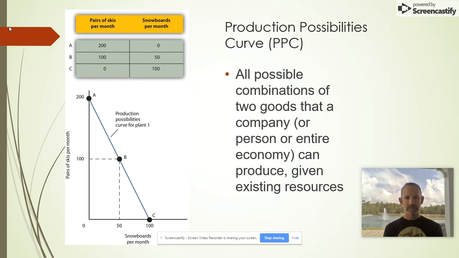At point C, they're taking all of their factors of production and making snowboards, 100 snowboards and 0 skis. Point B, they're using their factors of production and making a little bit of both. So they get 100 pairs of skis and 50 snowboards. So that's what a production possibilities curve shows. But it is important to remember that it is given their existing factors of production or existing resources.